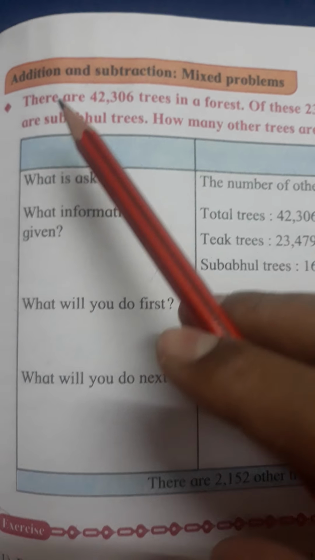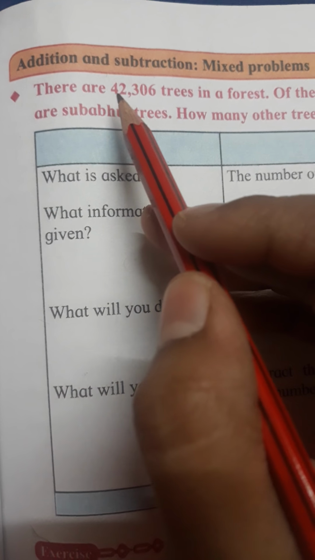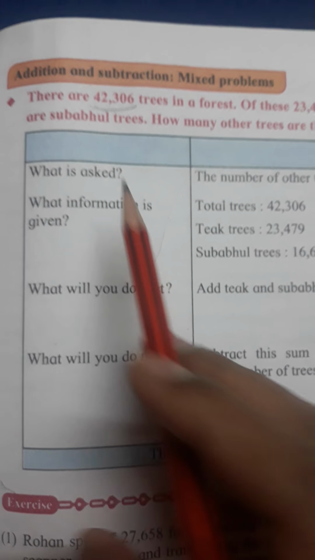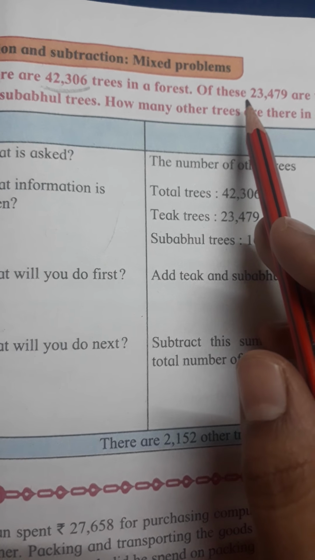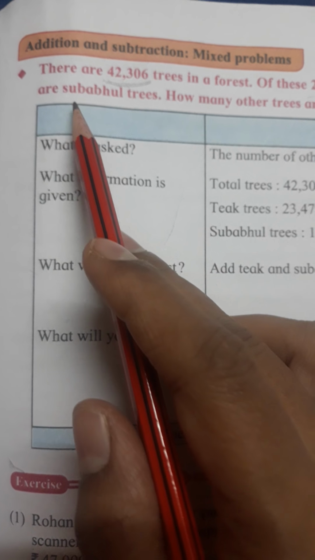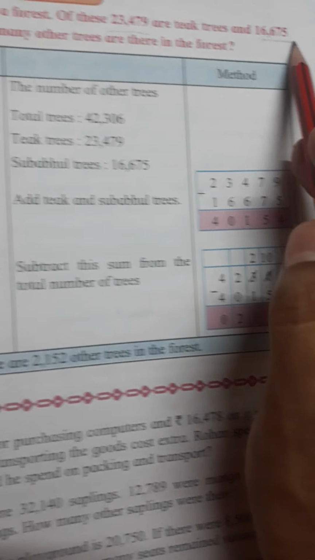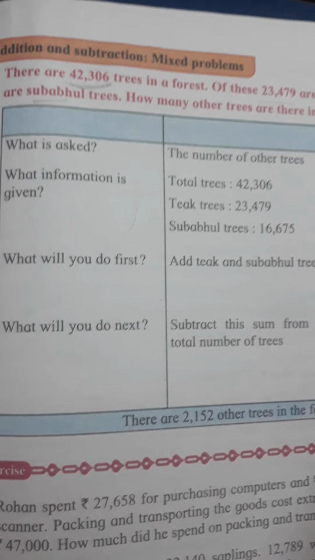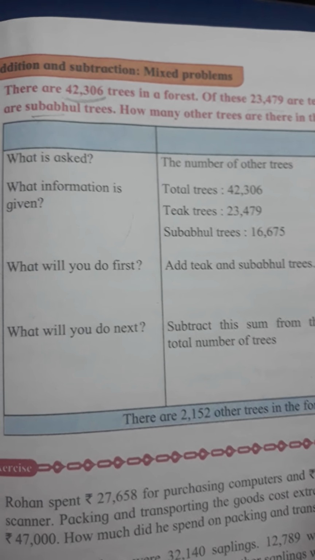Now what is given? These are the total trees in the forest. Out of these, these are teak trees and these are subbul trees. So how many other trees are there in the forest? So what do we have to do first?